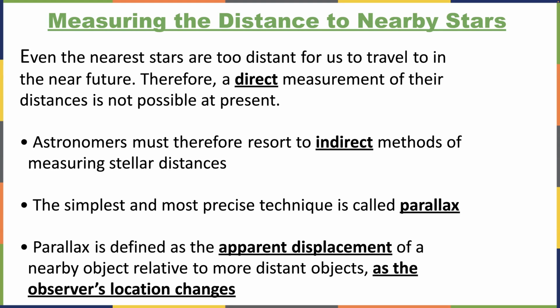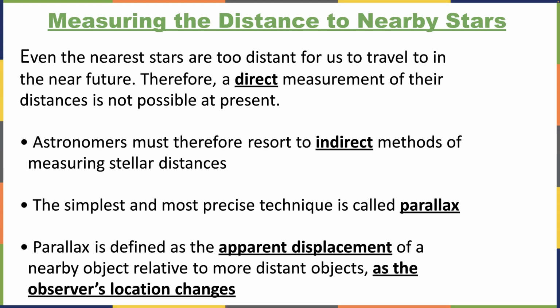For example, for measuring distances to nearby stars, we use one method, but you cannot use the same method to measure distances to nearby galaxies. And you cannot use the method that you use for nearby galaxies to measure galaxies that are so far away.